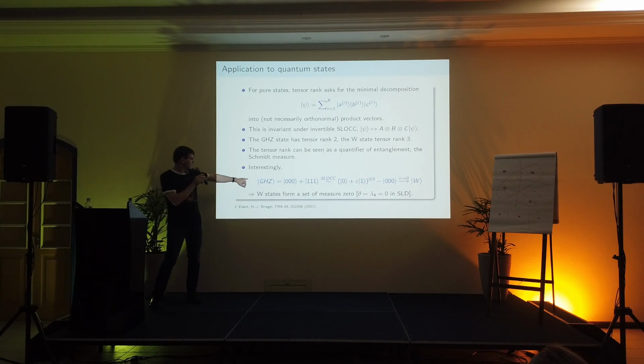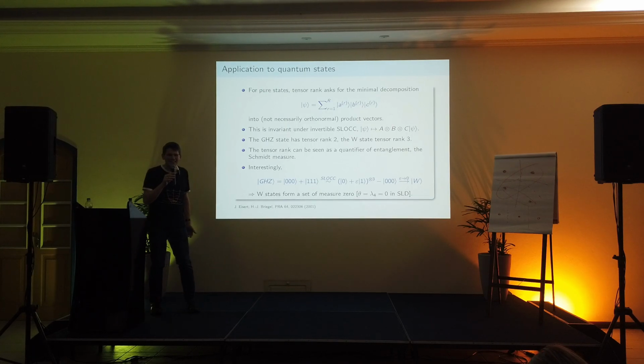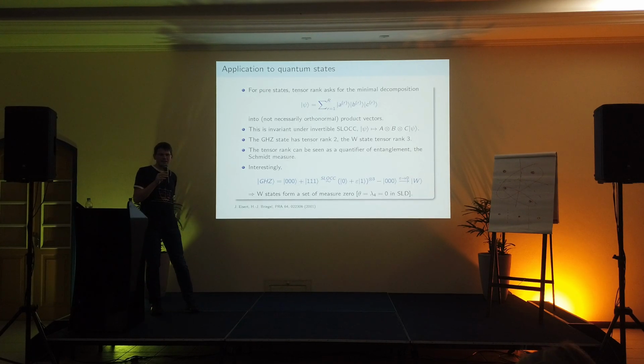This result tells you it's not enough to make approximative numerics, because if you try to approximate something, you may find a very good approximation with tensor rank 2, but still the state has tensor rank 3. It's counterintuitive, I completely agree. But you lose upper semicontinuity in the tensor rank, right? Yes, so it's also not intuitive. Okay, thank you.